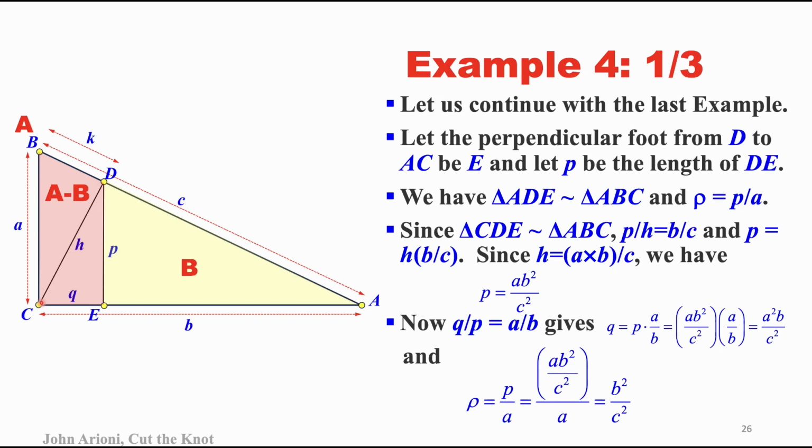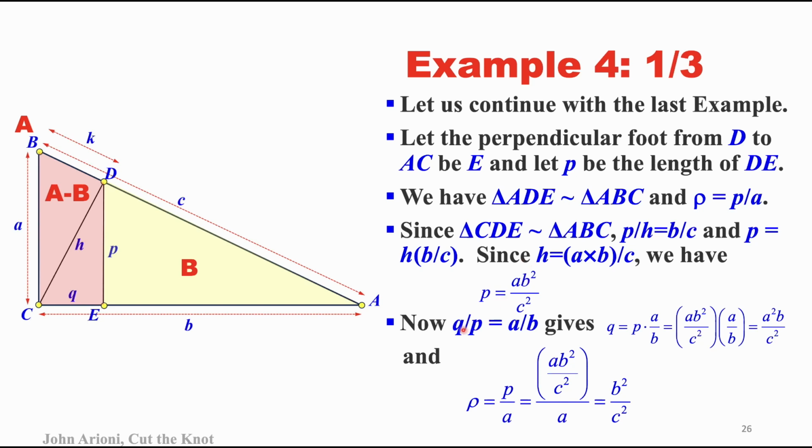Now, what is p? We find it out. Triangle CDE is similar to ABC. Therefore, p over h is equal to b over c. Therefore, p is h times b over c. Because we know h is equal to a times b over c, we have p this.